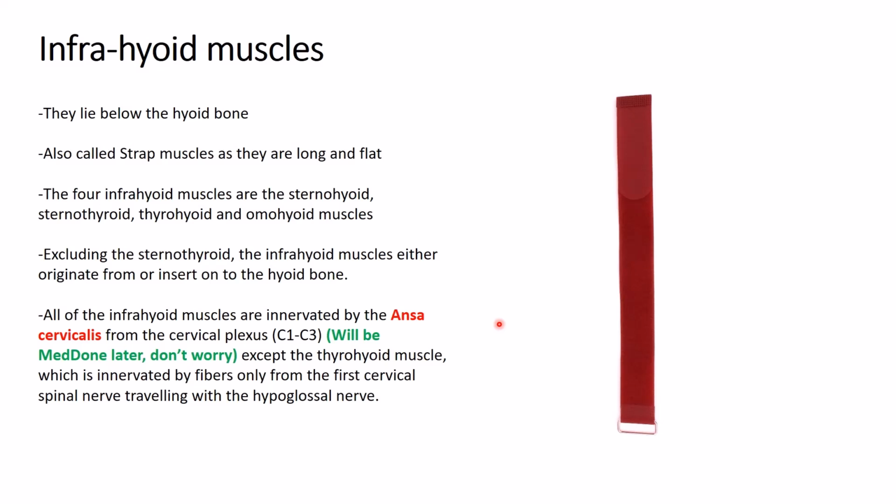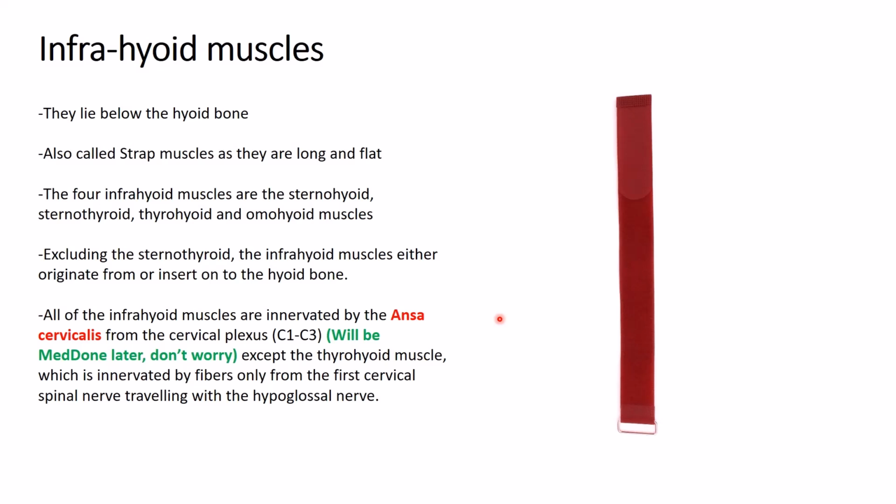We have the ansa cervicalis, derived from fibers from C1, C2, and C3. They supply all the strap muscles except for the thyrohyoid muscle. The thyrohyoid muscle is innervated by fibers through the hypoglossal nerve. So not from the ansa cervicalis, but through the hypoglossal nerve, and we will see this in the next few slides.